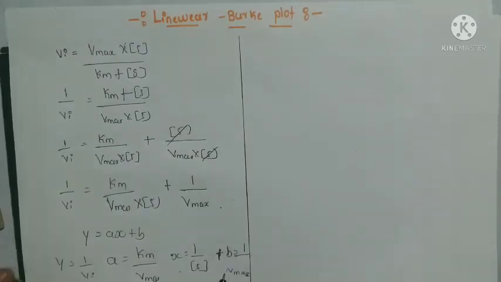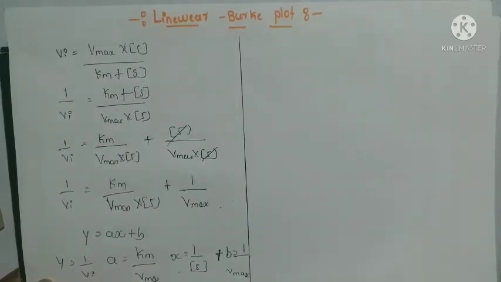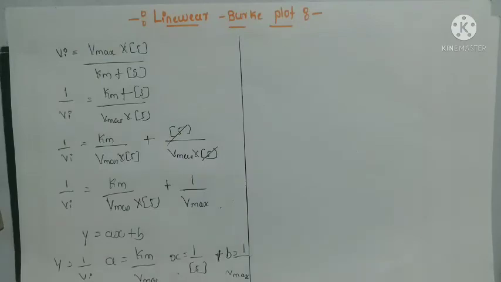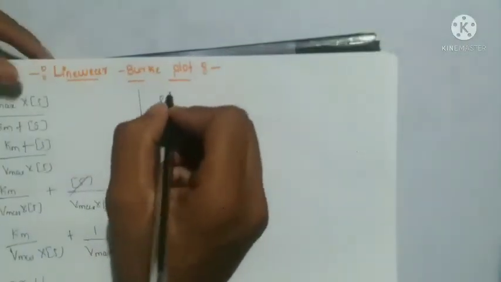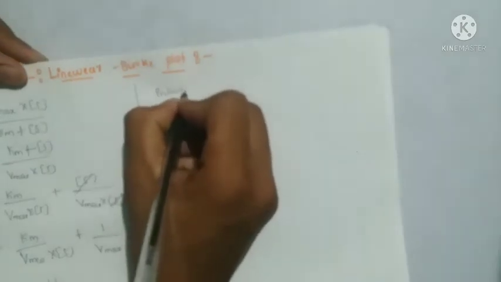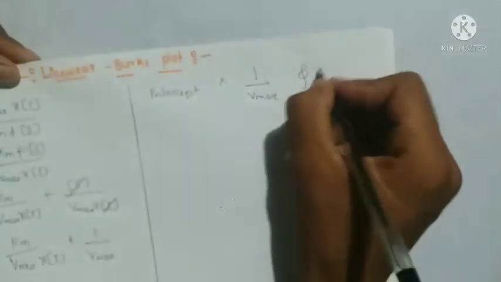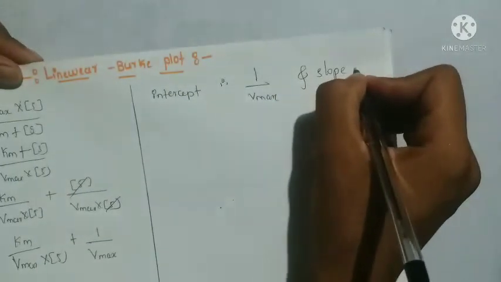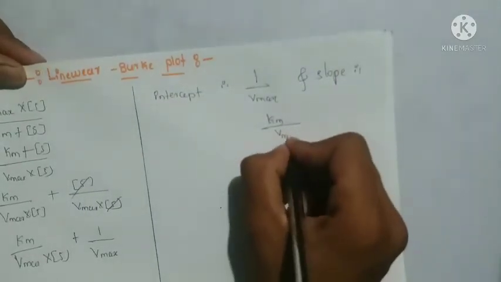So 1 by Vi, the initial velocity, is plotted as a function of 1 by substrate. It gives a straight line whose intercept is 1 by V max, and the slope of this plot is Km divided by V max.